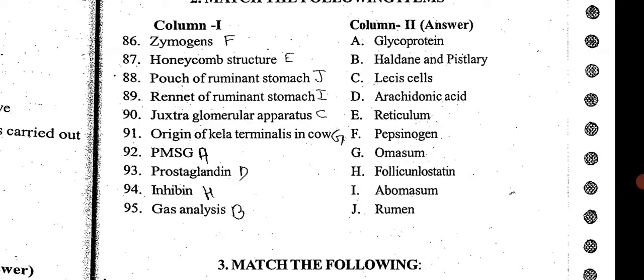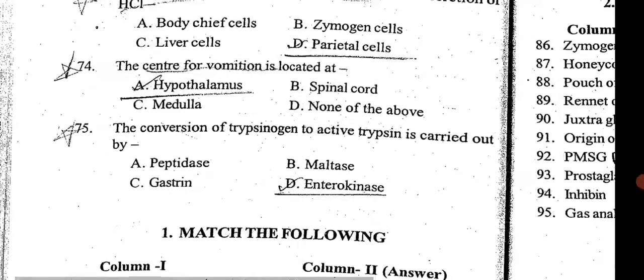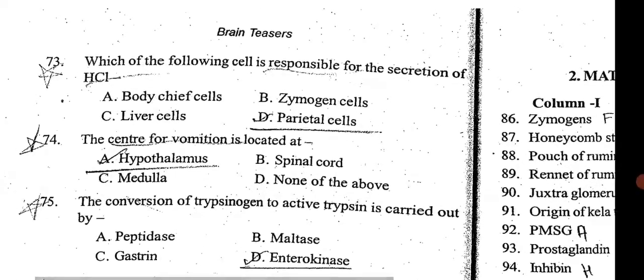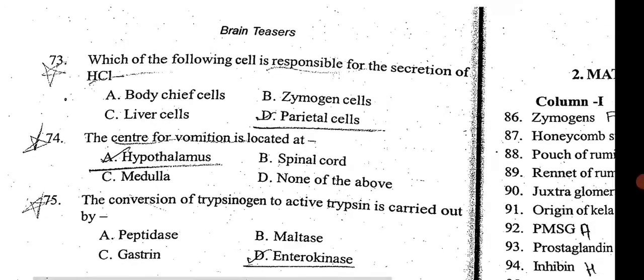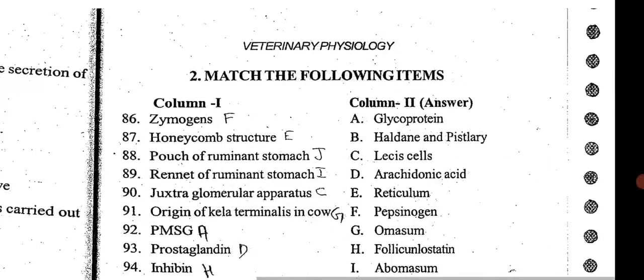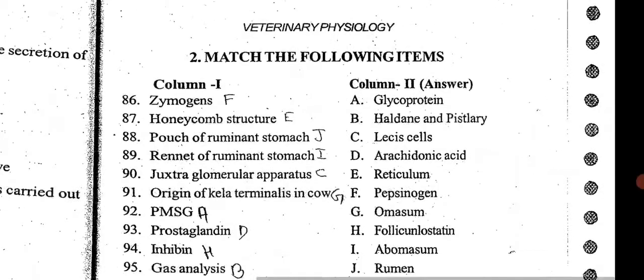Zymogen is pepsinogen. Pepsinogen is secreted from zymogen cells, and HCl is secreted from parietal cells. Parietal cells produce HCl, and zymogen cells produce pepsinogen.